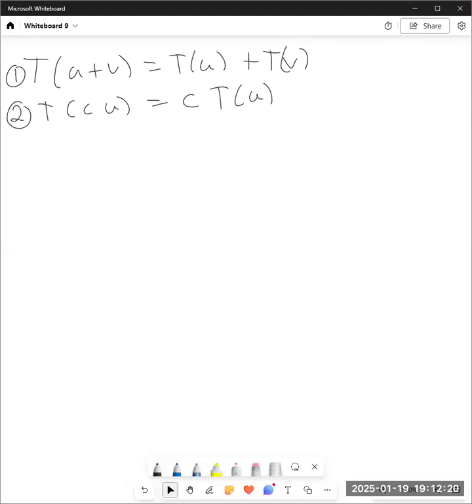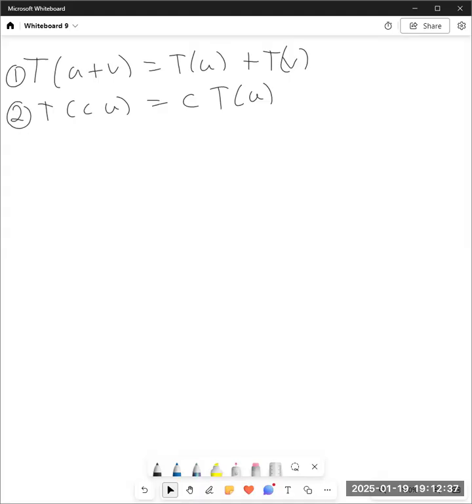If you think that looks foreign and you've never seen that before, I assure you that you've actually seen at least three things in calculus that are linear transformations, and perhaps we'll talk about some of those as we go along.